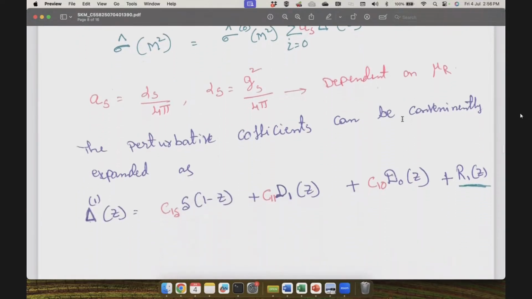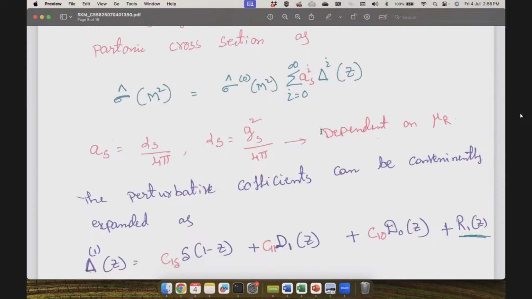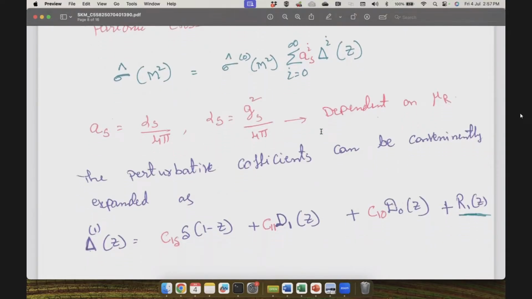Now the perturbative coefficients can be conveniently expanded. This is all that we can calculate, either for the case of Drell-Yan production process or for the case of Higgs production process. And this Delta_i is what we call the coefficient functions. Once we know the leading order contribution, you just pull it out, and whatever is left over are the partonic coefficient functions, which are dimensionless quantities, because z is a fraction of the energy, and your coefficient functions depend only on z.